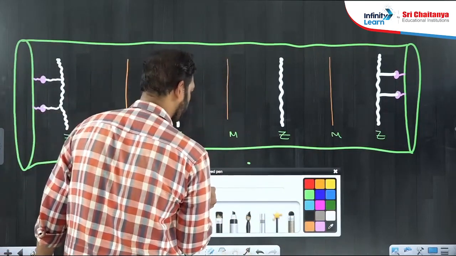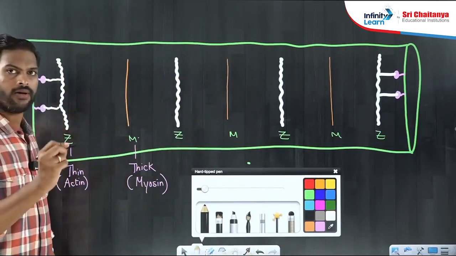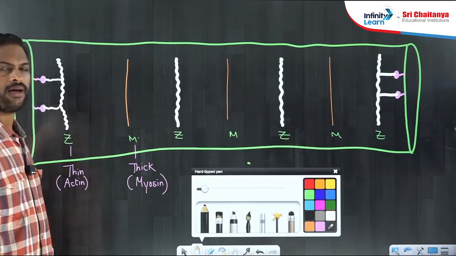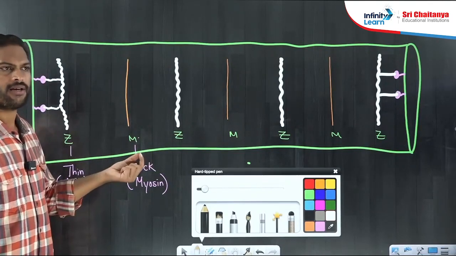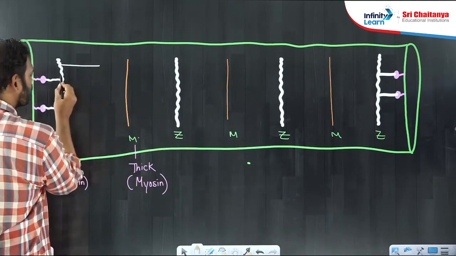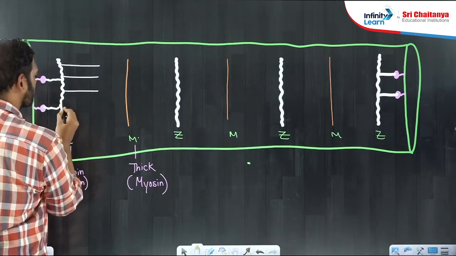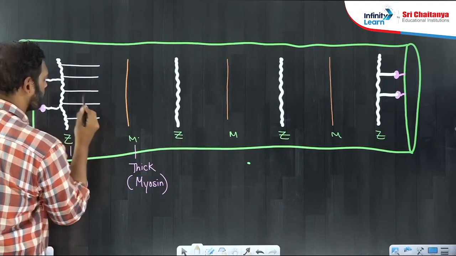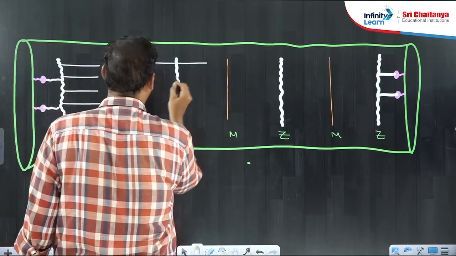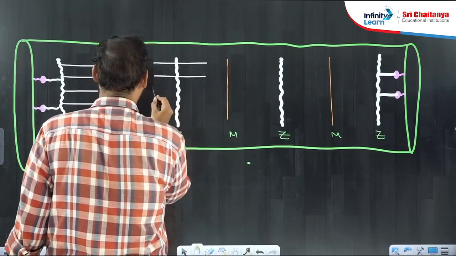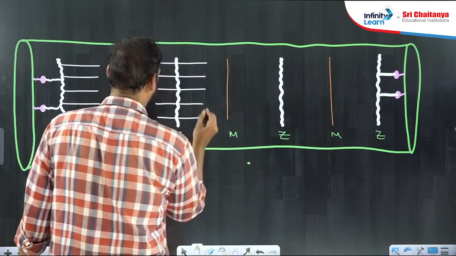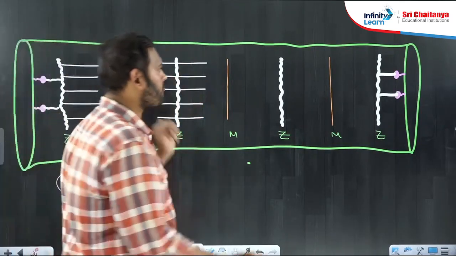Now just see this carefully. I am showing you thin filaments in white color, thick in red. Thin, of course, thin lines; thick, of course, thick lines. So see, thin filament. Again, thin filament.